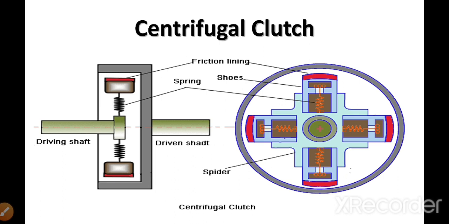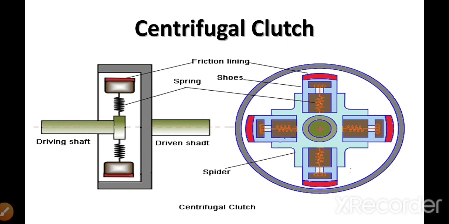When the shoes move radially outwards, they are pressed against this rim. This is the rim. Because of that pressing, frictional resistance is developed between this shoe lining and this pulley rim.